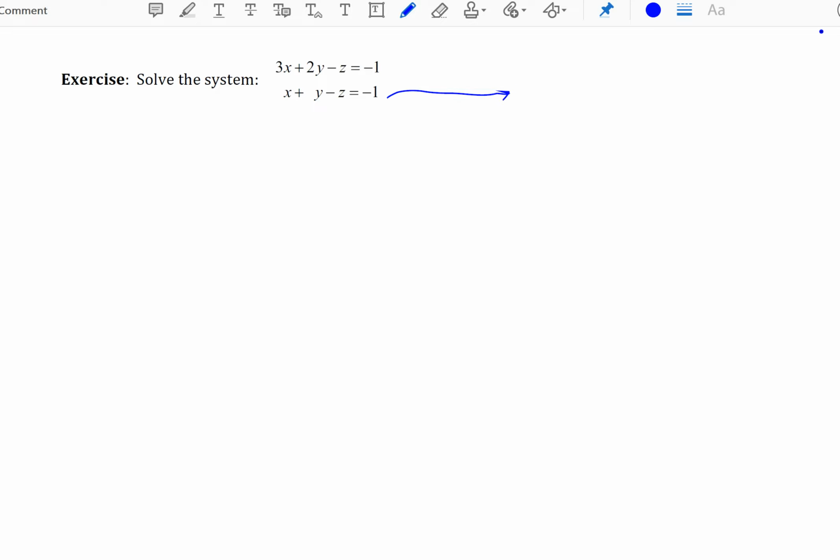So I'm asking you to write it in the form AX equals B. And we'll start by grabbing our coefficient matrix A, which would be 3, 2, negative 1, 1, 1, negative 1, times a vector of just variables, and this will equal the right-hand side of our system of equations.